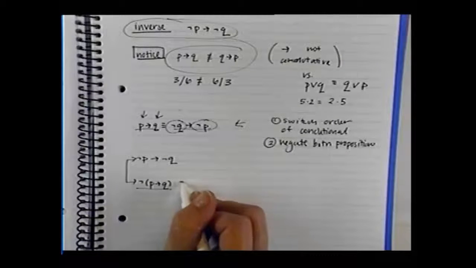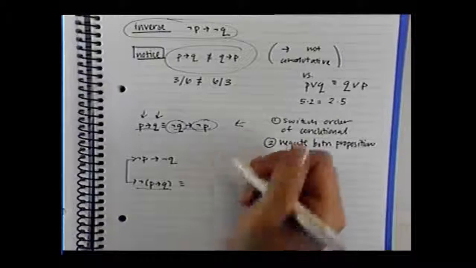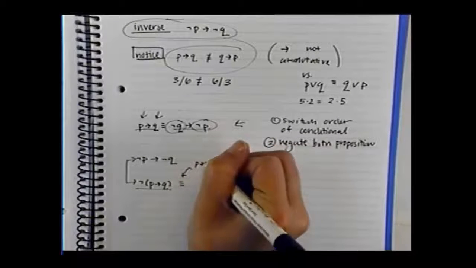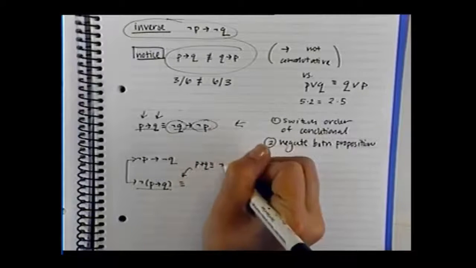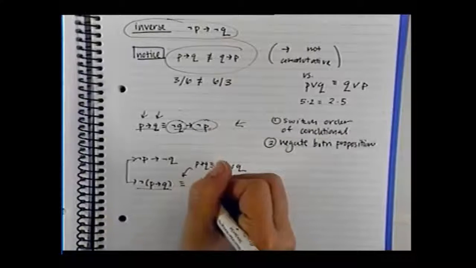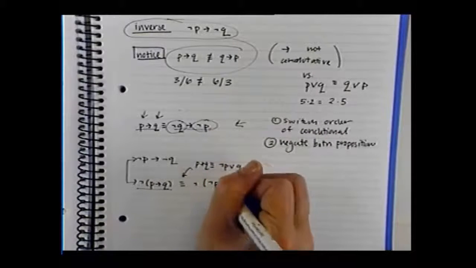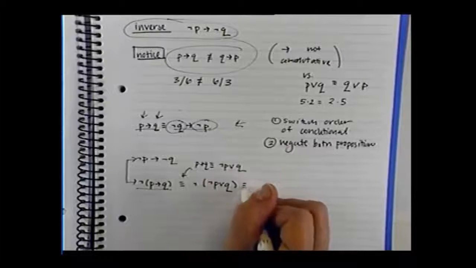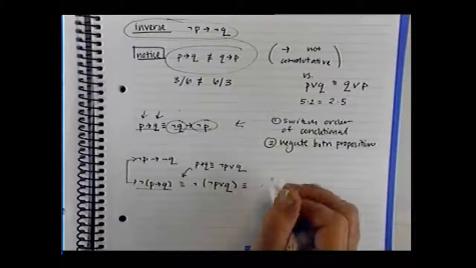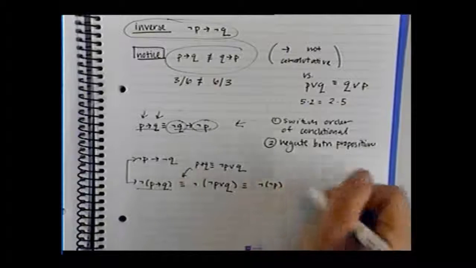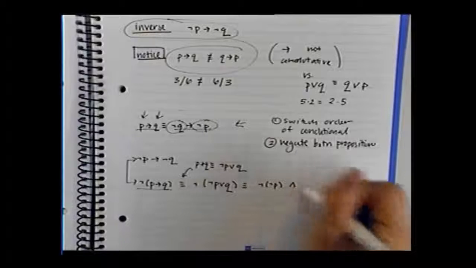So what I'm going to do on this step, I know P implies Q is logically equivalent to the negation of the hypothesis or the conclusion. So I'm going to substitute that equivalence in, negation of P or Q. And then I'm going to use De Morgan's laws. If I negate across an or, I have to negate both pieces of my or and change the or to an and.